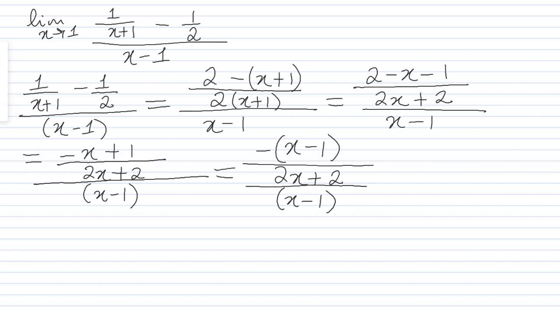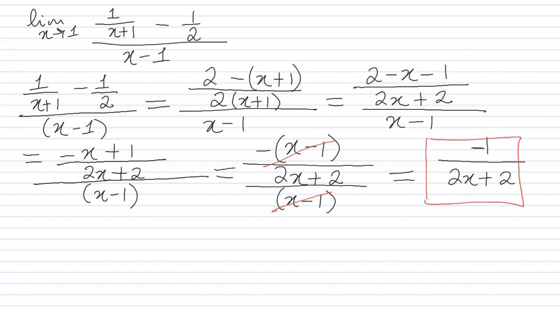So we end up canceling this out. So what we end up with is -1 divided by 2x plus 2. So this is actually a more simplified version. So now we have this. What do you do next? We're going to see if we can basically use this simplified version of the function and apply the limits to it.